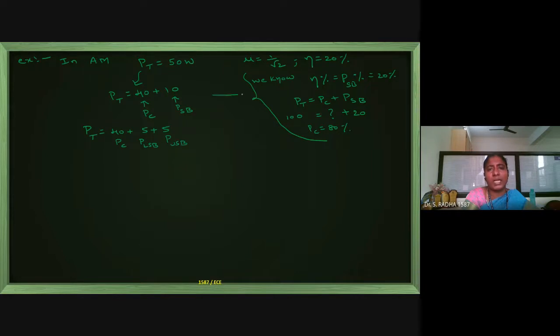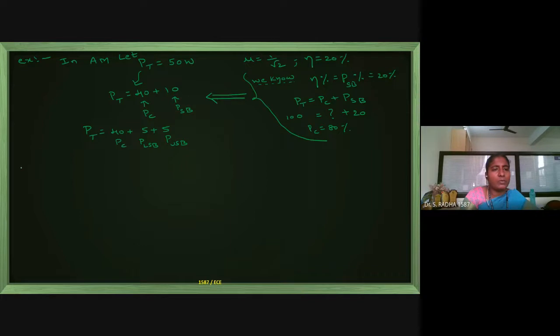Based on this analysis, we know the relative details from the efficiency. We identify sideband power also as 20%. So total power will always be 100%. If sideband is 20, then carrier power will be 80%, and here we are assuming the total power is 50. Based on that, we are splitting the carrier power and sideband power.